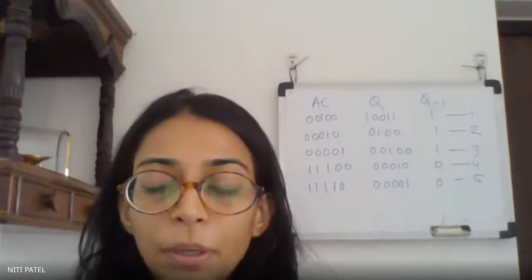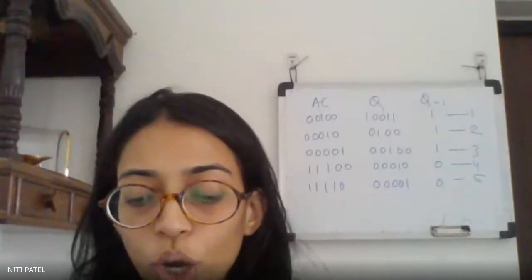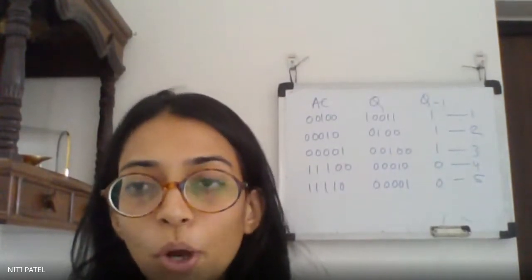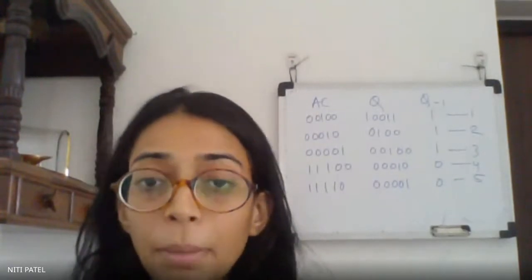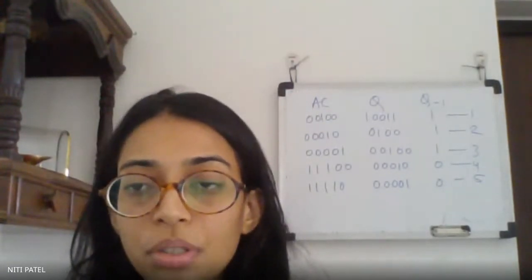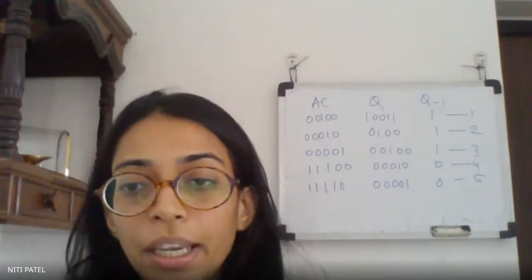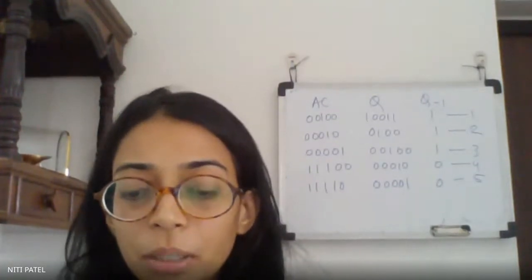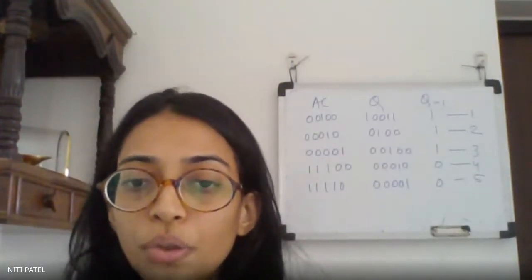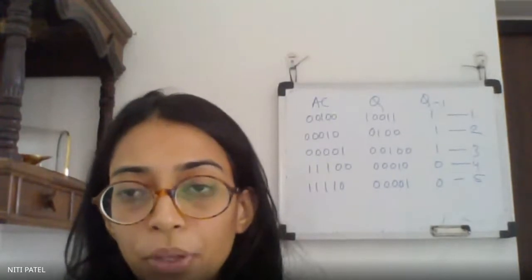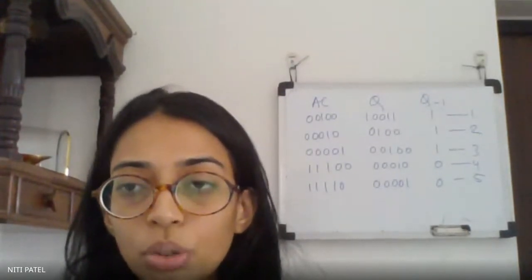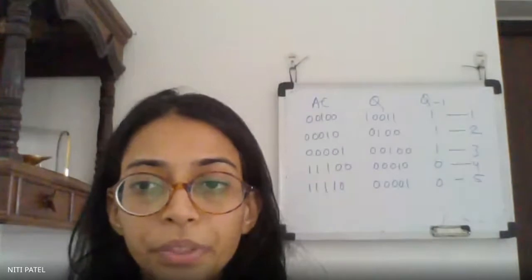In the question paper, it will always be written Booth's algorithm, but it might be asked to confuse you as solve using signed multiplication. Even if it is signed multiplication, it is nothing but to solve using Booth's algorithm only. It is just the second name given to binary multiplication. Is this clear?